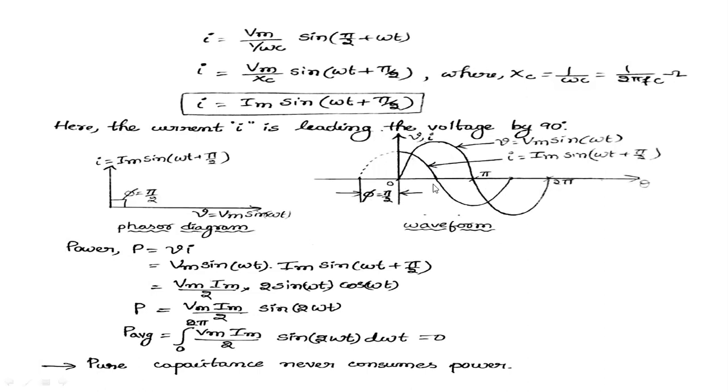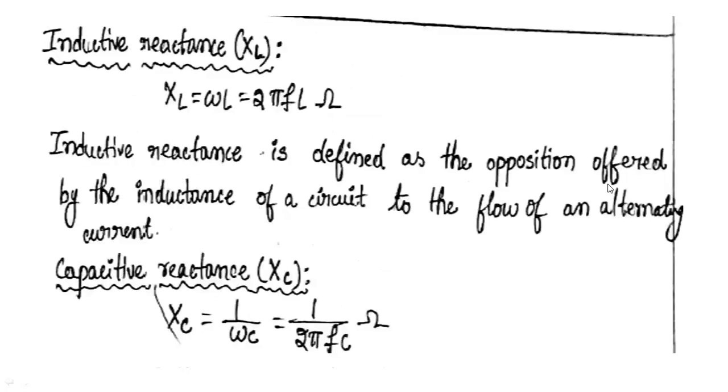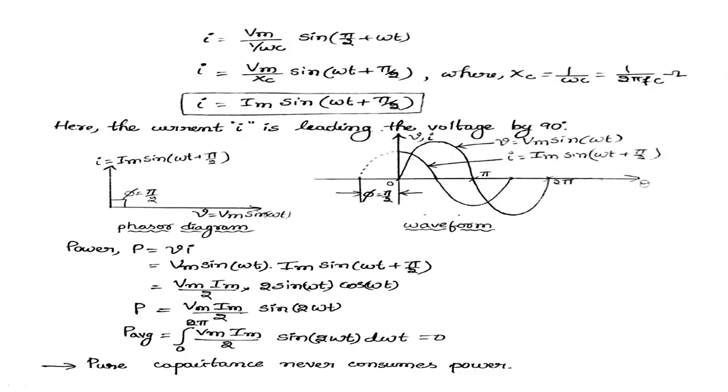For the pure capacitor, the current leads the voltage by 90 degrees, that angle phi equals pi by 2. So we write the equation I equals Im sin omega t plus pi by 2.